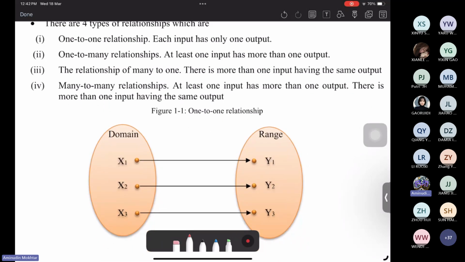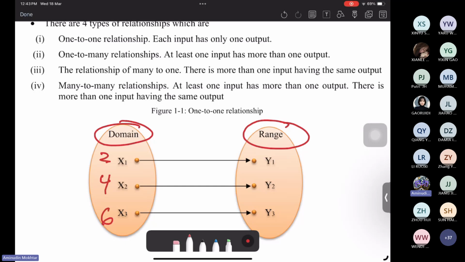This diagram shows the one-to-one relationship and so on. Let's say we have the values of domain and range. Each value of domain produces one value of y. For example, if you refer to page 1, we have the domain values 2, 4, and 6.